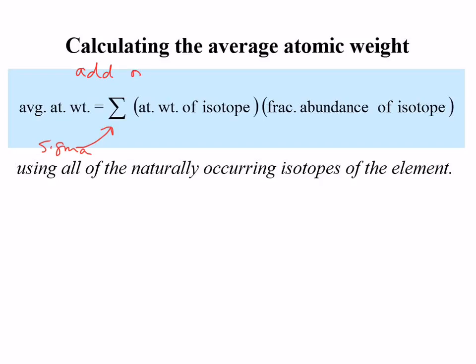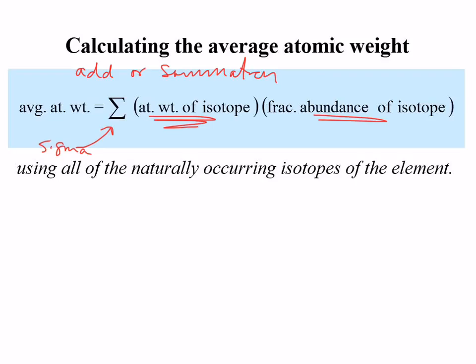Anytime you see that, it means add. Of course, we don't just use it here, but it's a process. In this case, what we're going to add, for each isotope, is the atomic weight of the isotope. Do you remember that was the column I circled a minute ago? The weight of that particular isotope.